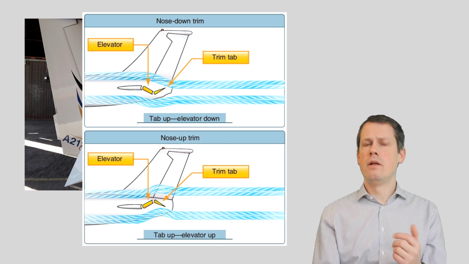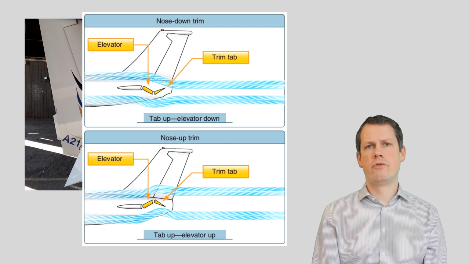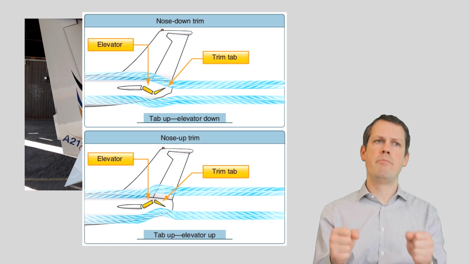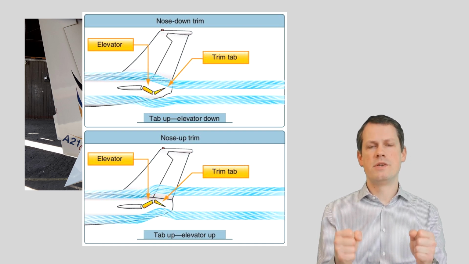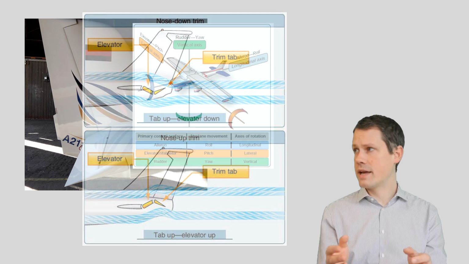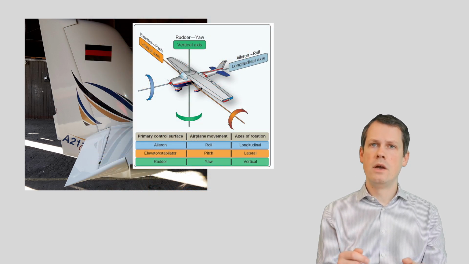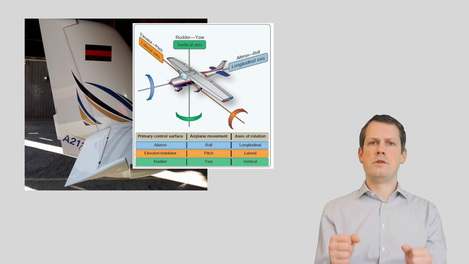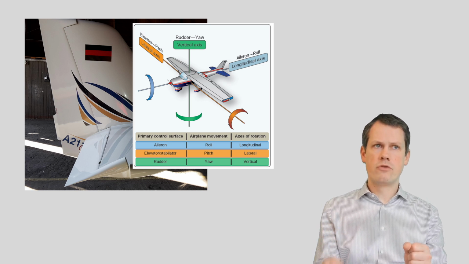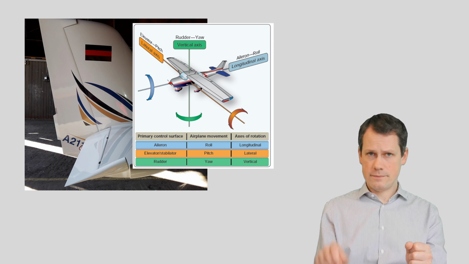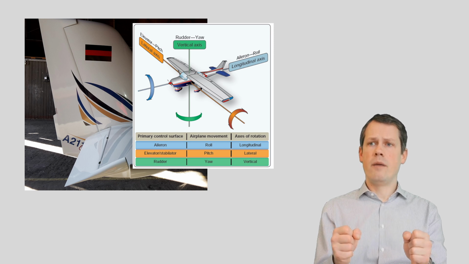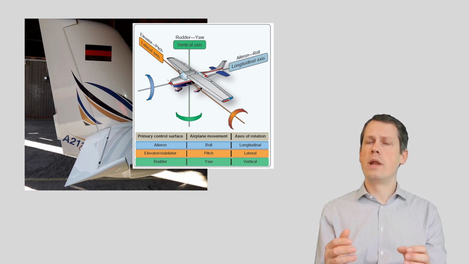For example, let's say we would need to climb for 10 minutes. So I'll have to keep back pressure for 10 minutes, which is tiring, which is prone to inducing errors if you're distracted and let go a little bit and so on. So what you would do is you pull back and then you use the trim, and you trim nose up just until you don't need any pressure on the control wheel anymore.